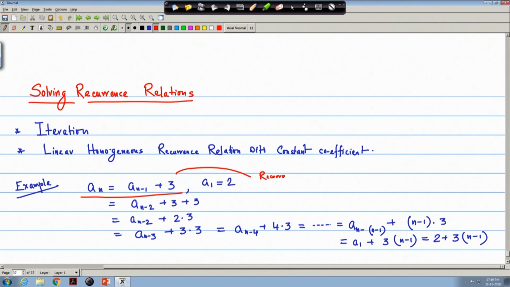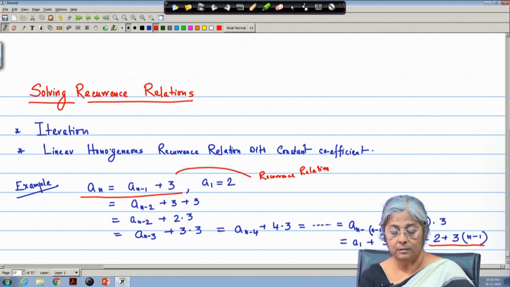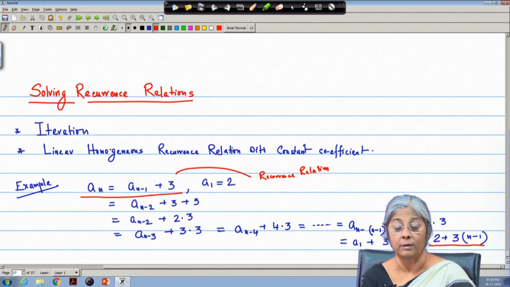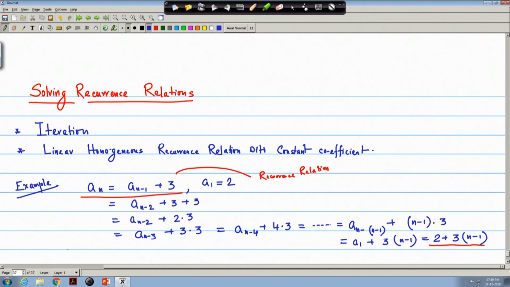If we proceed iteratively, we replace each term by its predecessors, applying the relation, and I will get a_n equal to 2 plus 3 into (n minus 1).